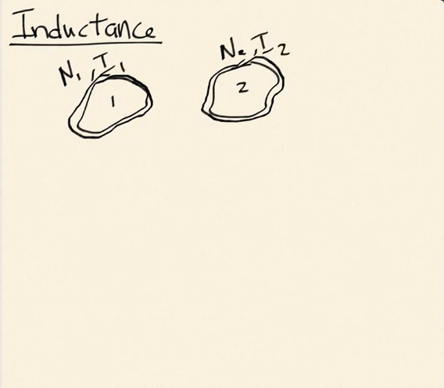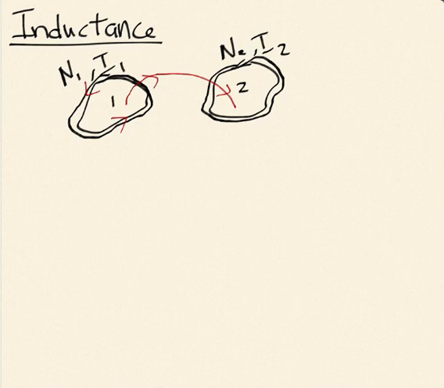Now, these two will talk to each other. The currents in one loop will generate a magnetic field that will thread through the other. So if I imagine a current through loop 1 that looks like that, it's going to generate a magnetic field that comes up out of loop 1 and goes over and down into loop 2. And if I1 is a function of time, this magnetic field that I've drawn in red here will change in time.